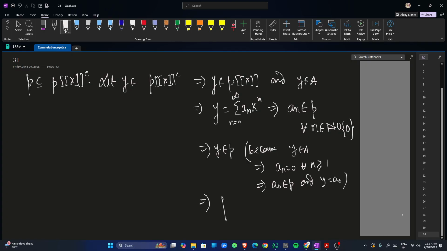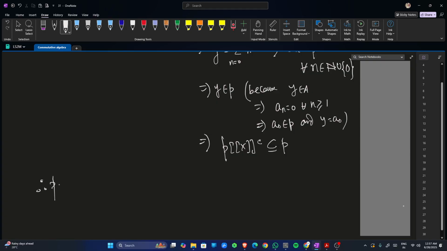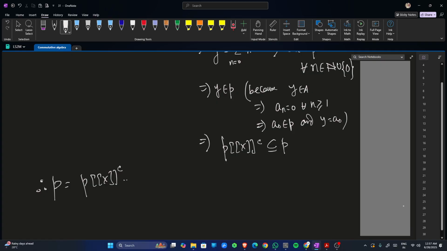This means P[[X]] contraction is contained in P. Therefore P equals P[[X]] contraction. So for any given prime ideal P of A, we have found a prime ideal such that its contraction is P.